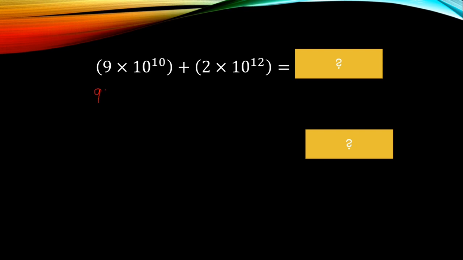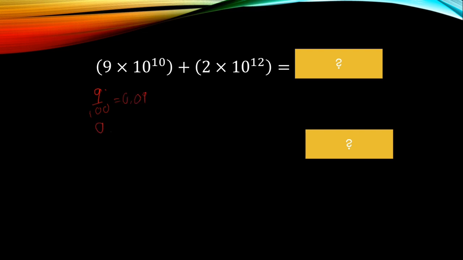So here, since 9 times 10 to the power 10 is smaller, we can rewrite this. We want to convert 9 by multiplying it by 10 to the power 2, and we can also multiply it by 10 to the power 10 to get 10 to the power 12.